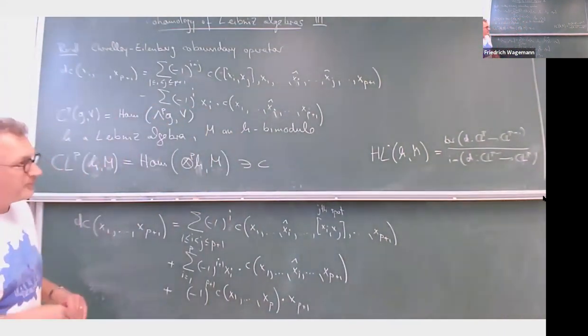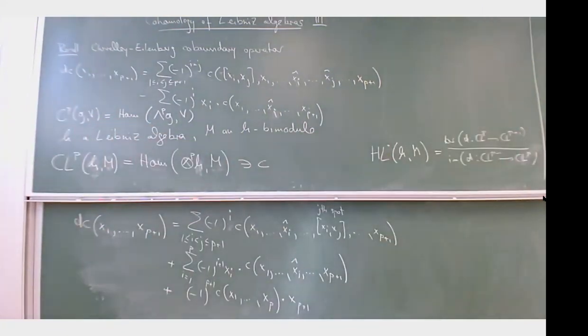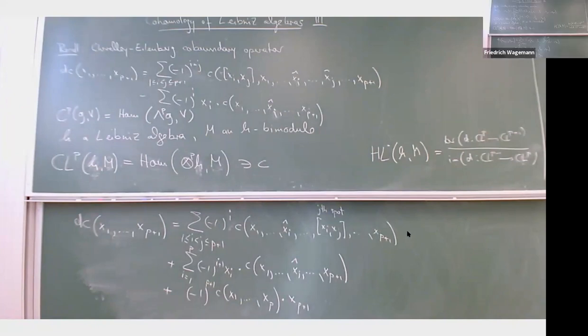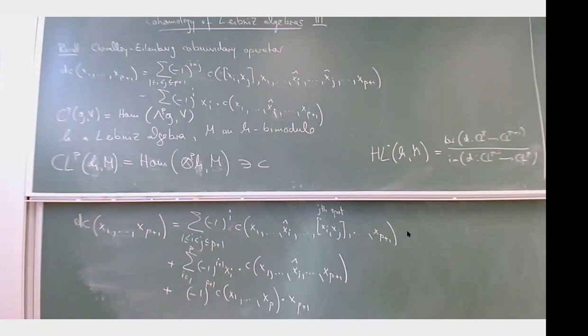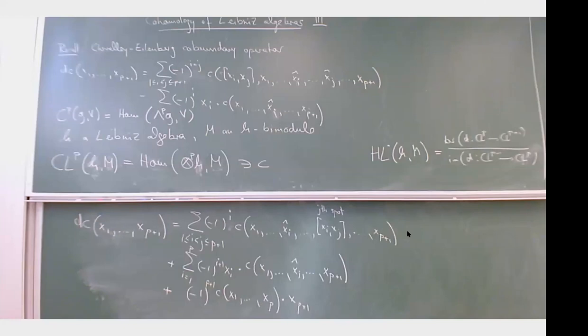May I please interrupt for a moment? Yes, go ahead. In the first term of the coboundary operator, this bracket x_i x_j is on the jth spot. Do you actually mean that it is between x_j and x_(j+1) or after x_(j+1)? It is between x_(j-1) and x_(j+1).